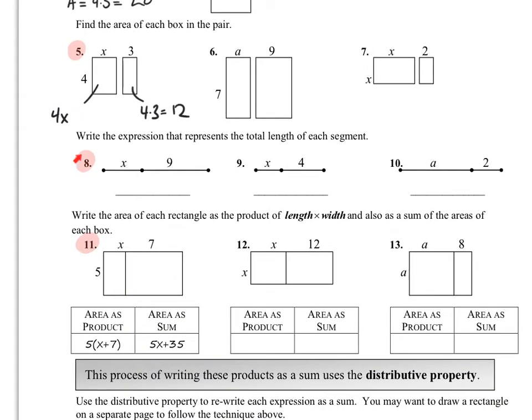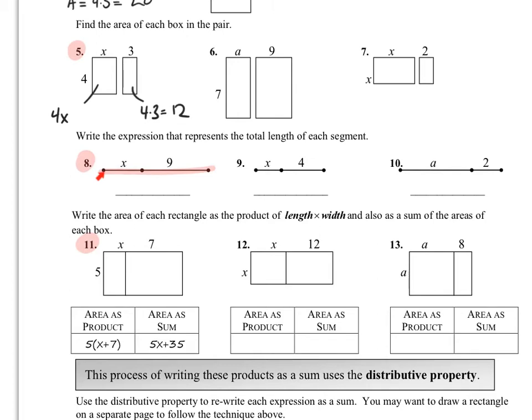Number 8, the instructions read, write the expression that represents the total length of each segment. This segment in number 8 is comprised of 2 smaller segments, so its total length is the length of the entirety of the red segment. First we walk x units across from the first dot to the second dot, and then from the second to the third dot, another 9 units.